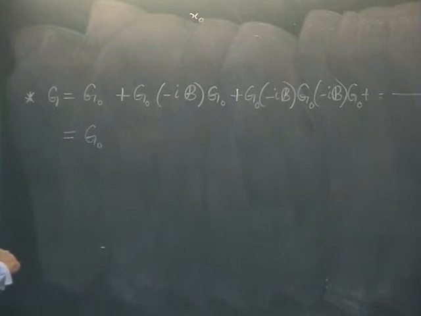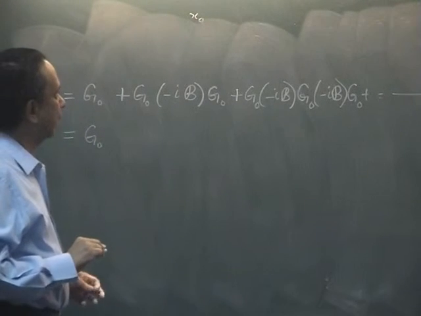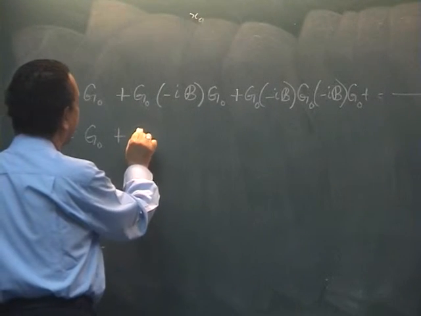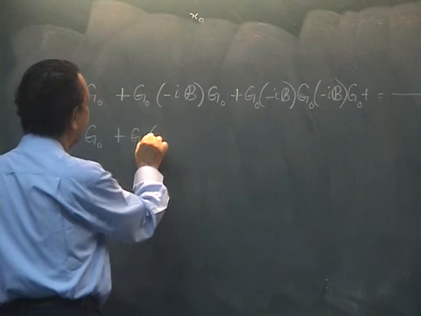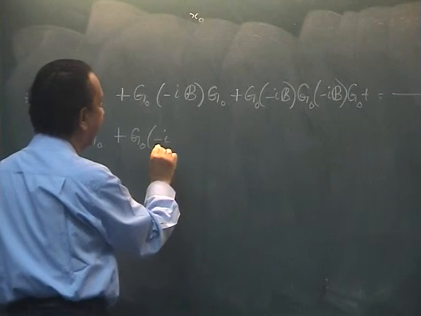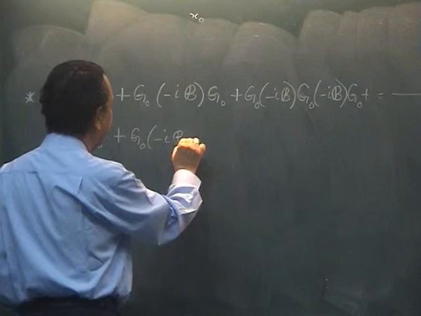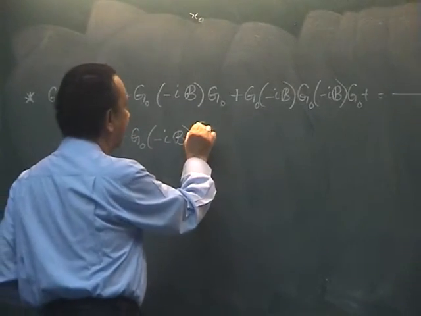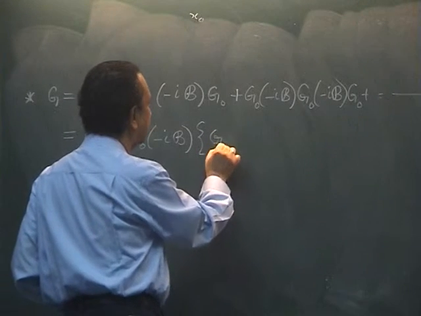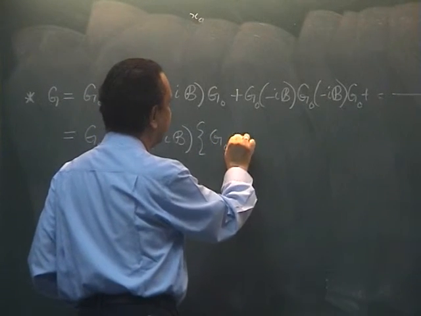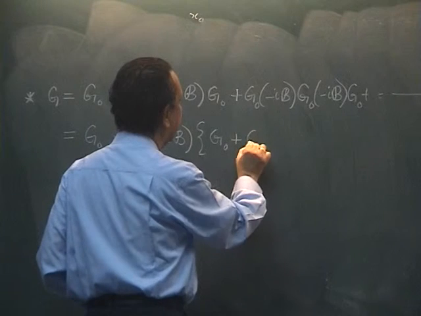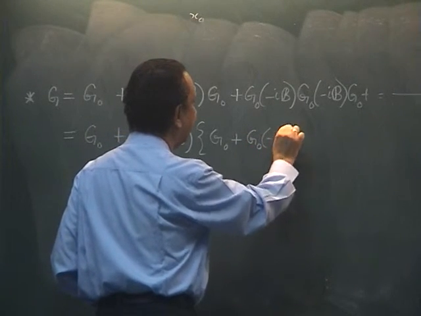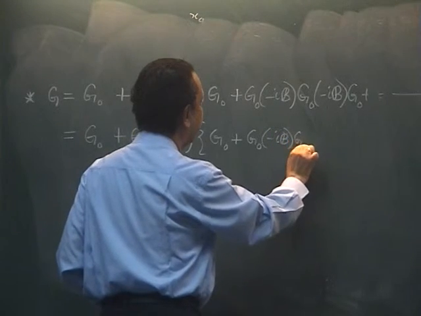So one way of doing this: I can take G0 out, plus G0 times minus i B. If I take that out from the rest, I will have again G0 plus G0 into minus i B G0 plus so on.